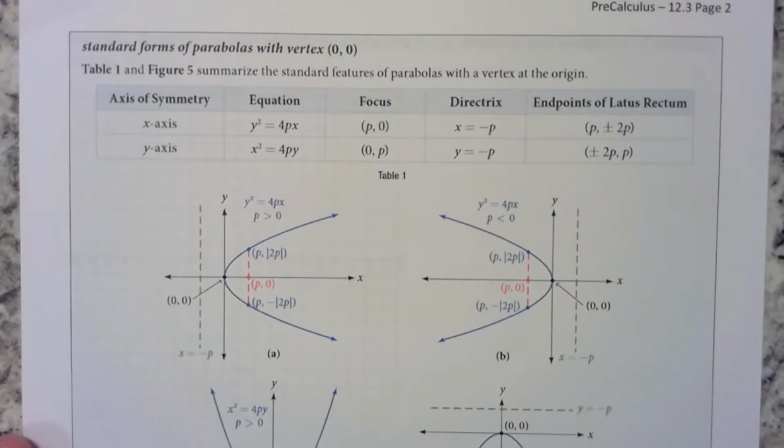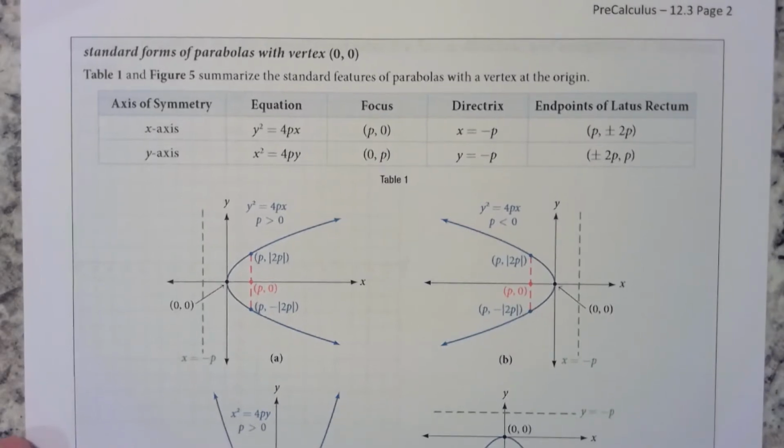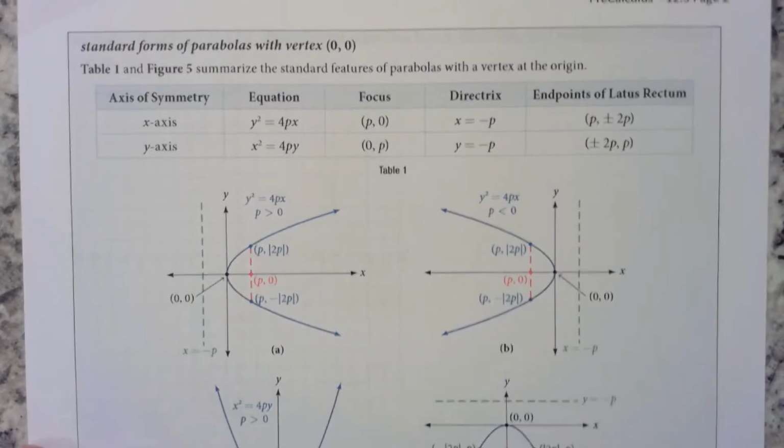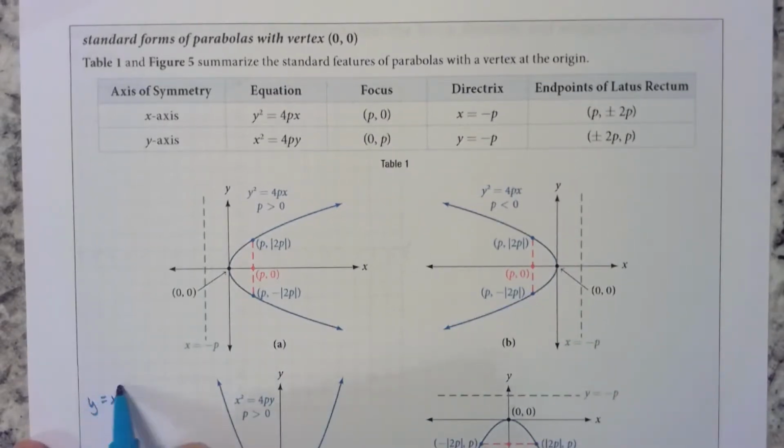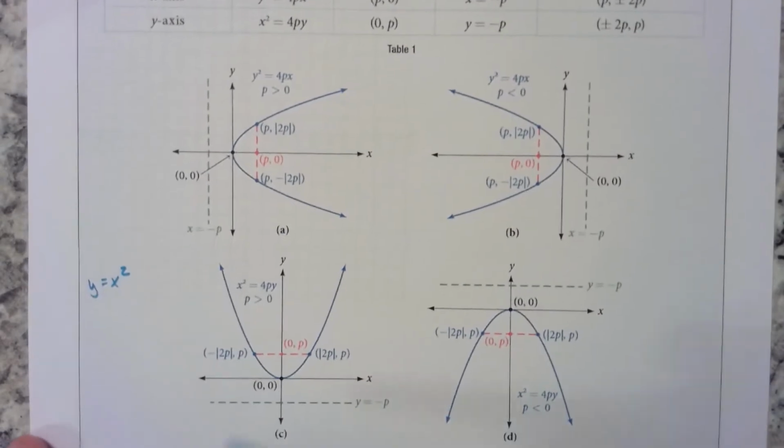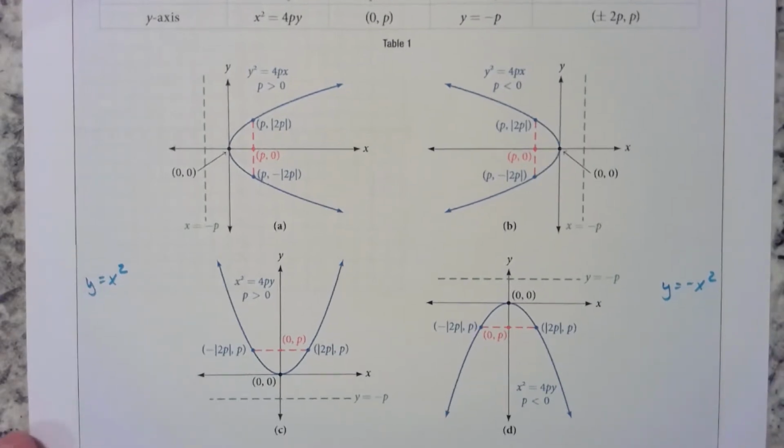So looking at this, hopefully it brings back a few memories. If you have something like y equals x squared, that's going to be this shape, right? And this one would be y equals negative x squared. That's based on what we've learned in the past when we dealt with parabolas.